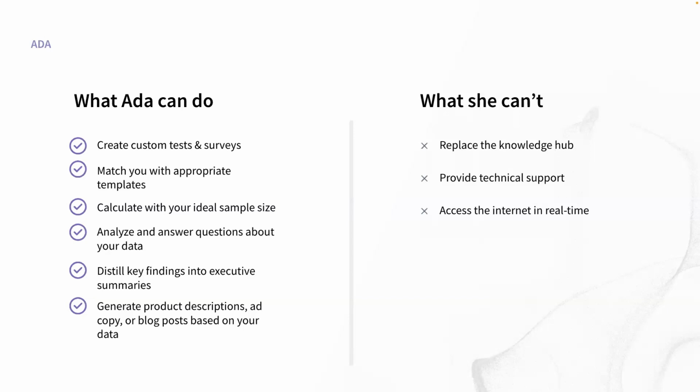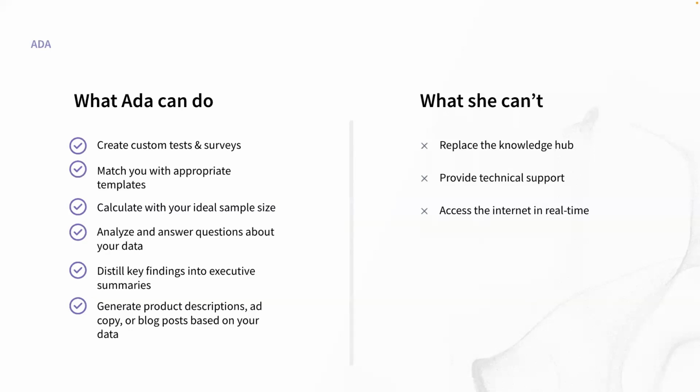As far as what Ada currently cannot do, it cannot replace our existing knowledge base hub. So we have our full support website that's still active. It has all the necessary help articles for your support. So if you have questions about what a max diff or what a conjoint can do, our support site has all the articles to help you build, analyze, and use those advanced methodologies.